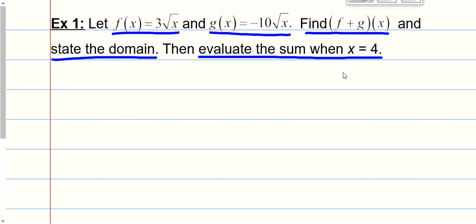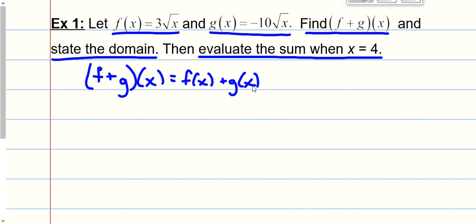And if I have f plus g of x, then here we go, f plus g of x just means that I'm going to have f of x plus g of x. So what is the f of x function?